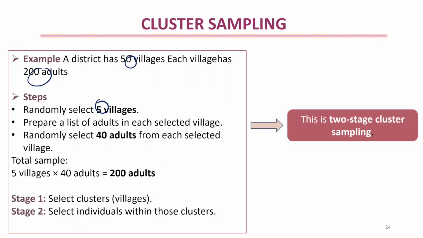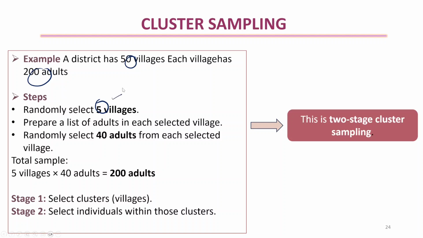Now let's understand two stage cluster sampling. Suppose a district has 50 villages and each village has around 200 adults. Again, each village is considered as a cluster. In the first stage, we randomly select 5 villages. Now, here is the difference.